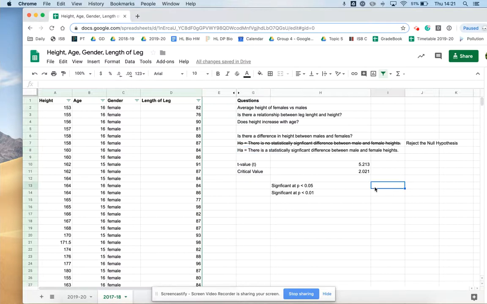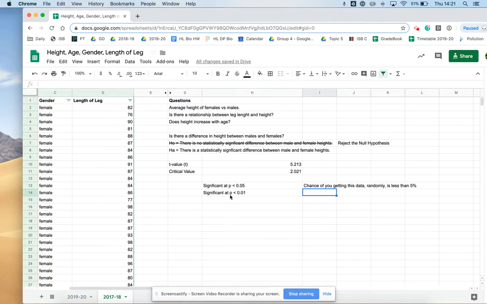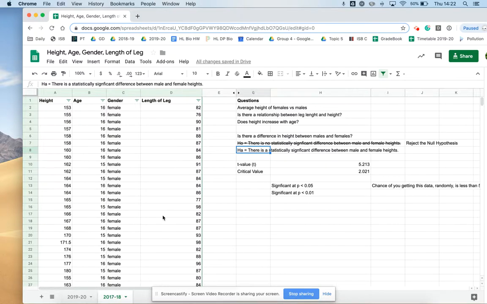So what this means is effectively the chance of you getting this data randomly is less than 5%, okay? So 95% of the time, is another way to look at it, this difference is going to be statistically significant. Okay? And again, you can see how this might look.